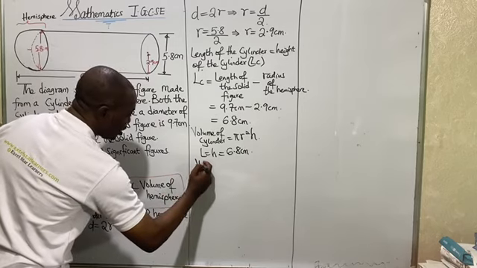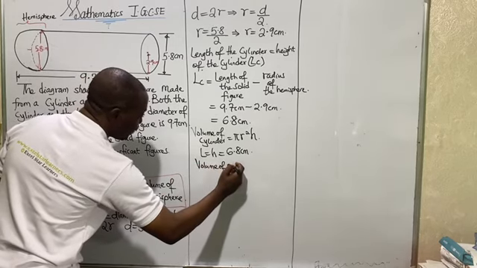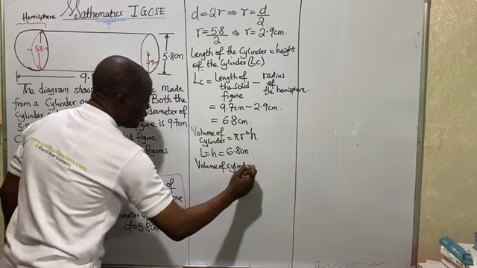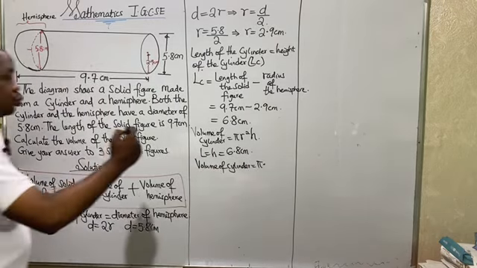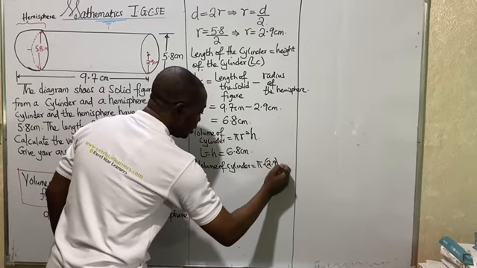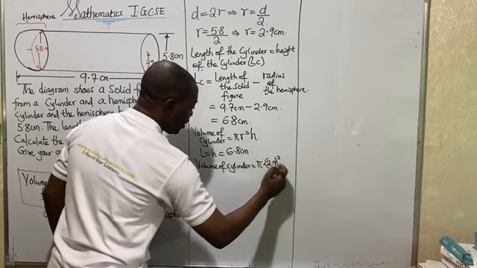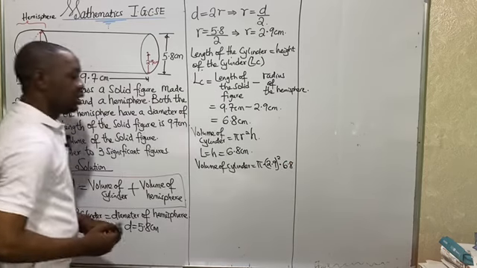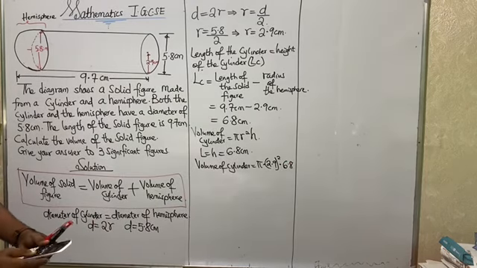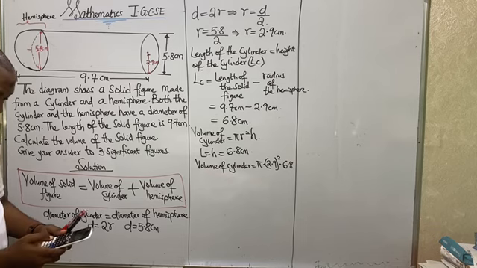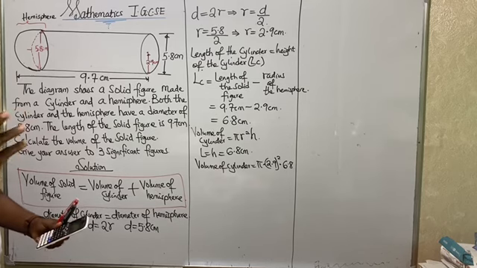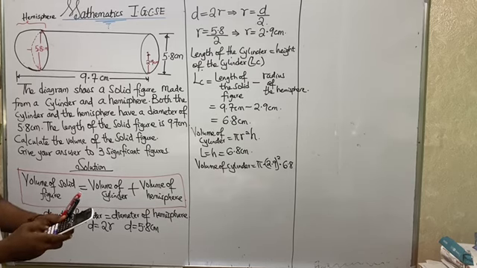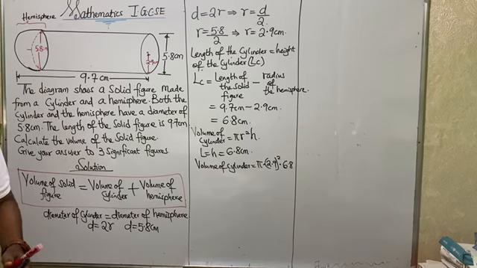So the volume of the cylinder is pi times 2.9 squared, multiplied by the height 6.8. With pi as 3.142, that will be 179.68.